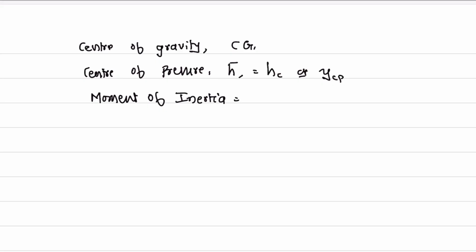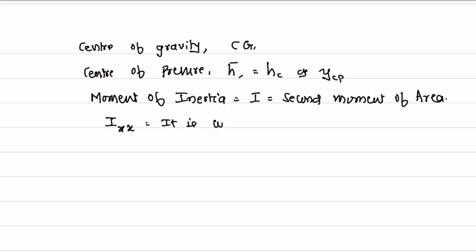Moment of inertia, that is I, is the second moment of area. This second moment of area can be IXX, which is with respect to the x-axis, or ICG, which is with respect to the center of gravity.